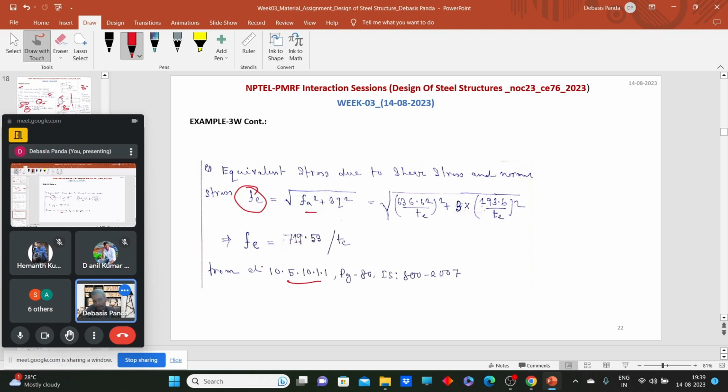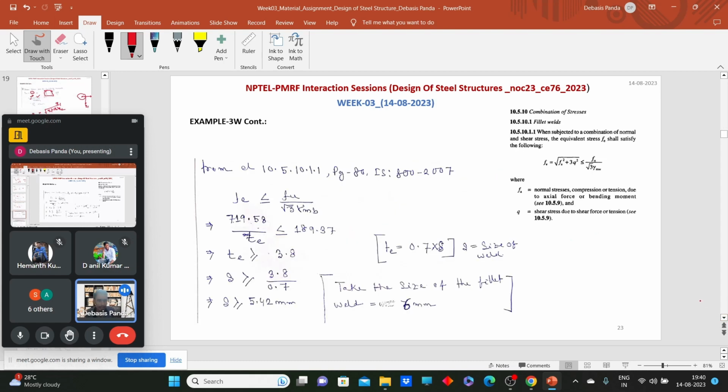Put all these values, so you will have the resultant or equivalent stress. Now that clause 10.5.10.1 says these values should be less than or equal to fu by root 3 gamma mw. Just equate this and you will find the value of te.